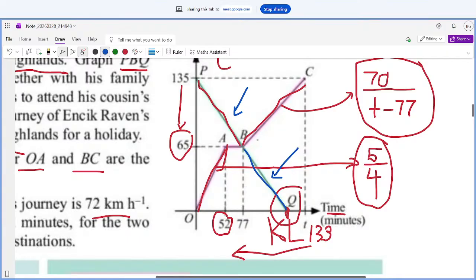Okay, for BP, can you guys tell me what is the gradient you all get? All of you? For BP. Cuba tekan calculator. Negative or positive, you don't need to care, guys. Okay, tak ada apa-apa impact. Negative or positive is okay. So anyone, what's the gradient for BP?